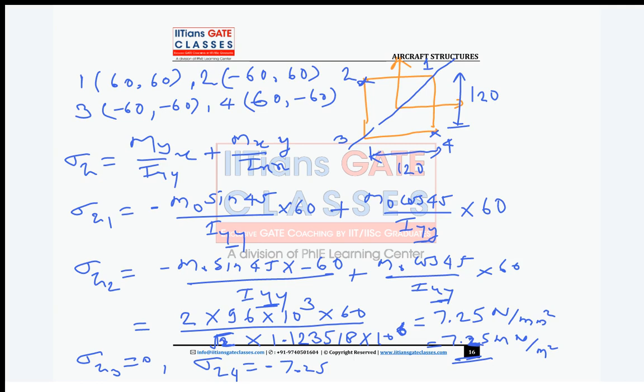Same but minus. Clear now? So guys, now is it clear now? Everything about this complex bending, yes or no? Or unsymmetrical bending? What is neutral axis? Why stresses on neutral axis are zero? How we can check mathematically? How the bending, everything. Now guys, is it clear till here?